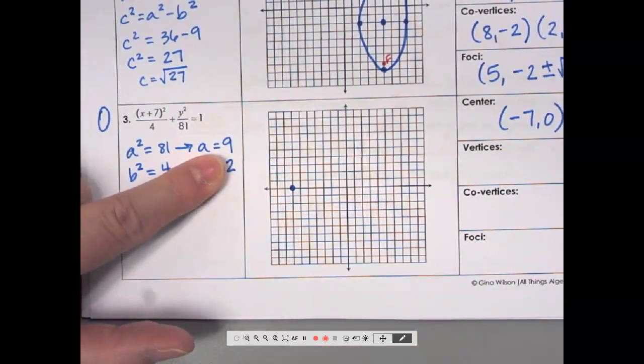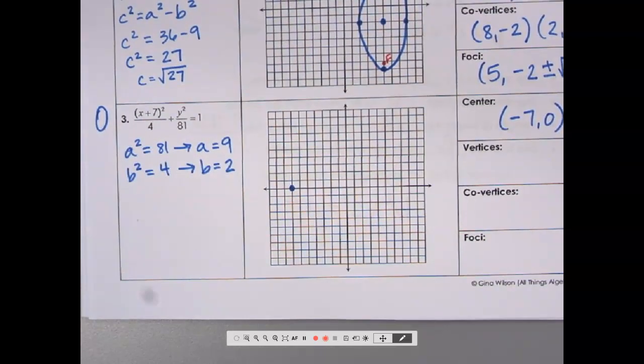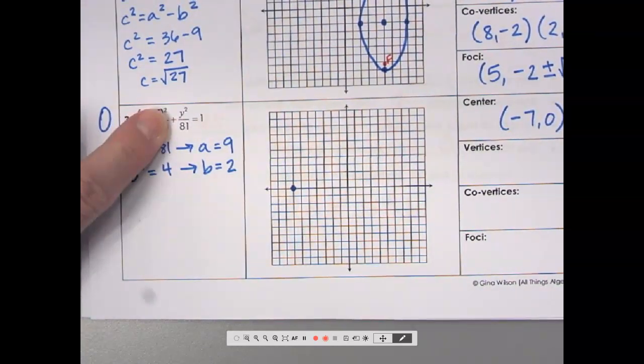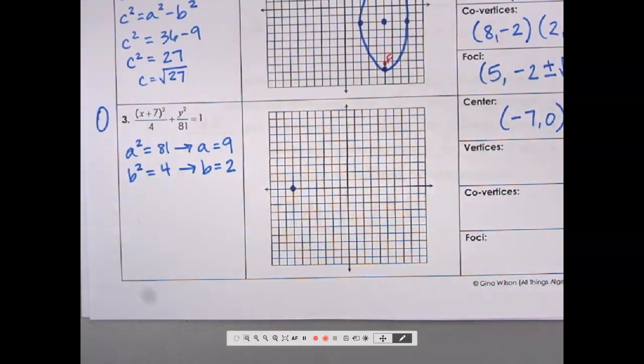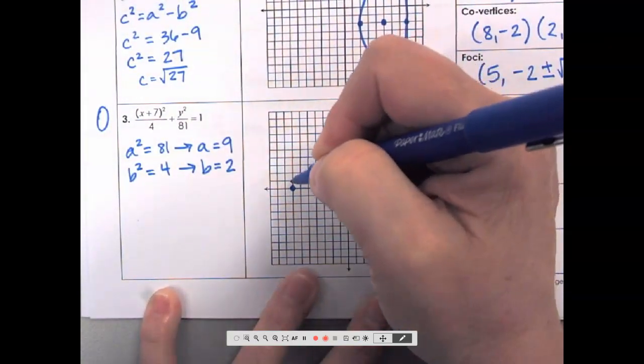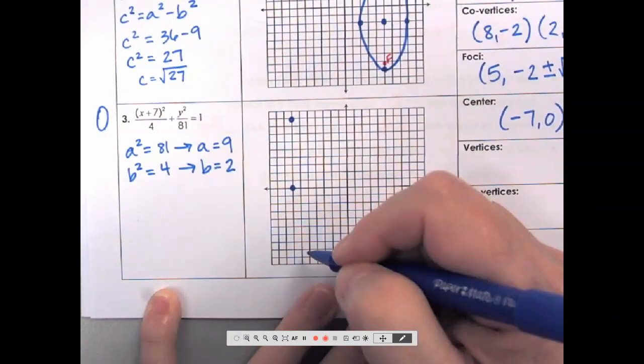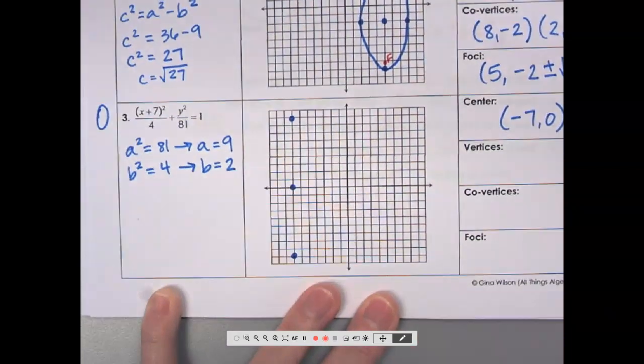Okay, how am I going to move 9 units? Up and down or left and right? Up and down, because that 81 was under y. Y-axis goes up and down. So good thing we didn't go left because there's not room. 1, 2, 3, 4, 5, 6, 7, 8, 9. And 9.